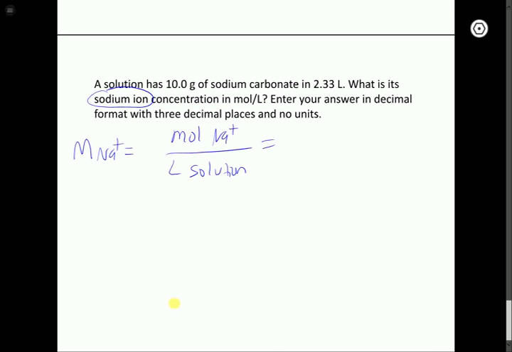Now we're given the volume of the solution is 2.33 liters, so that we already have, but we also need to then find the moles of Na+ that are contained in 10 grams of sodium carbonate. So this is just a mole conversion, something we've been doing since the beginning of chapter 5, but we have to remember that we're looking for the moles of sodium ions and not just the moles of the compound itself. So we first need the formula for sodium carbonate.